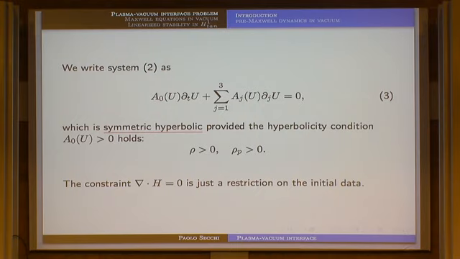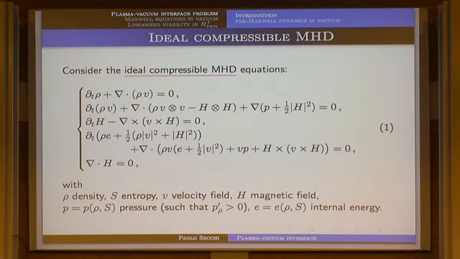Is divergence of H equal to 0 true for weak solutions? Probably, yes. It comes from this equation, taking the divergence, so I can take it also in the weak distribution sense. Yes, it can be done. It's not difficult.